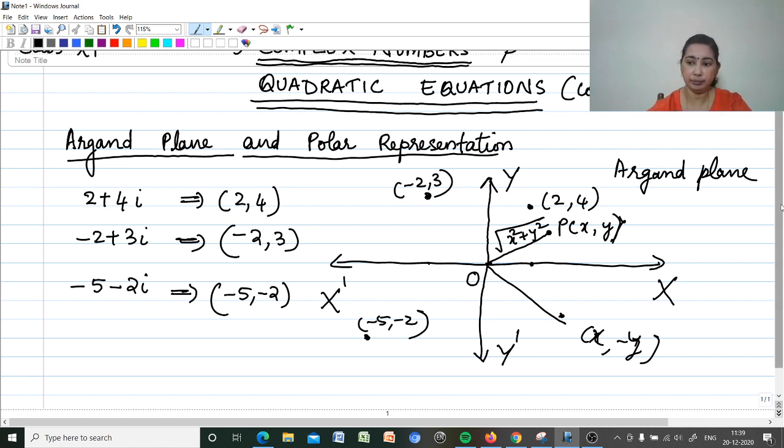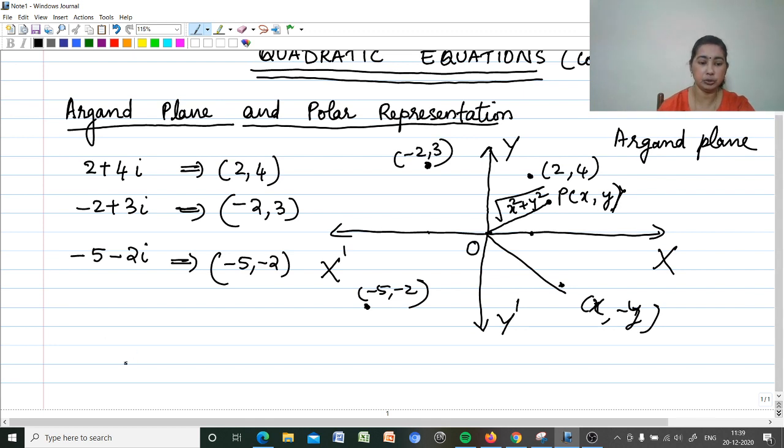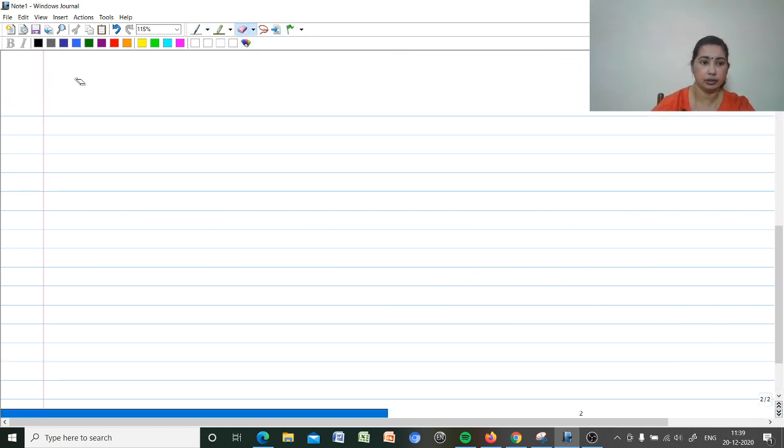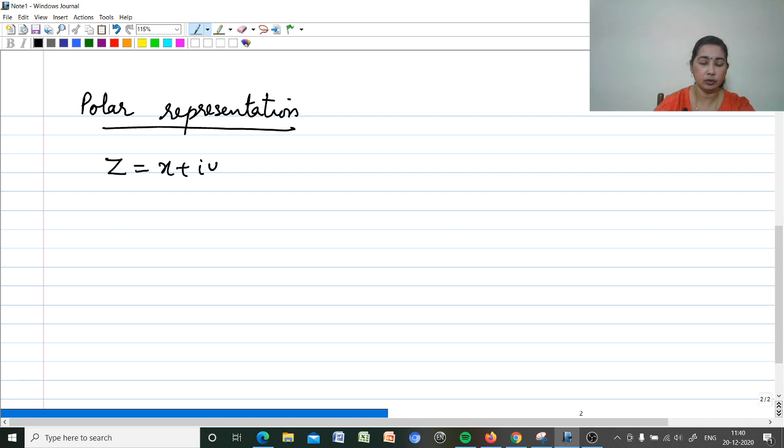Usually a complex number is written in the form x plus iy, whereas in polar form we write the complex number in the form r into cos theta plus i sin theta.